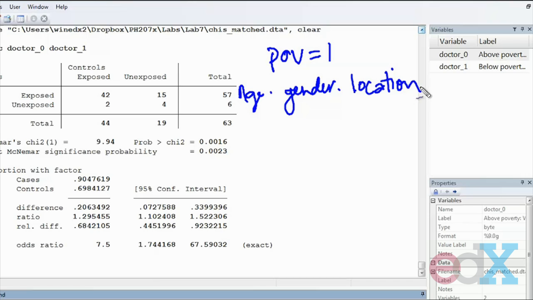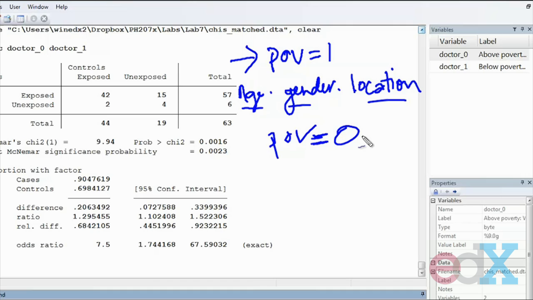Now, I've stated my null and alternative a little bit broadly here, but given the way that I constructed this data set, in this example, we're not actually generalizing to the same population. In the previous tutorials, we looked at the hypothesis of no association between poverty and visiting the doctor among all California residents. There actually is a subtle difference when I've created this matched data set, because what I did is I took individuals with poverty equals 1 and using their age, gender, and location matched them to an individual with poverty equals 0.